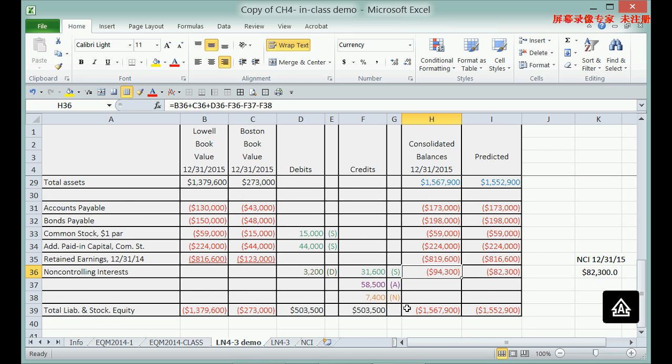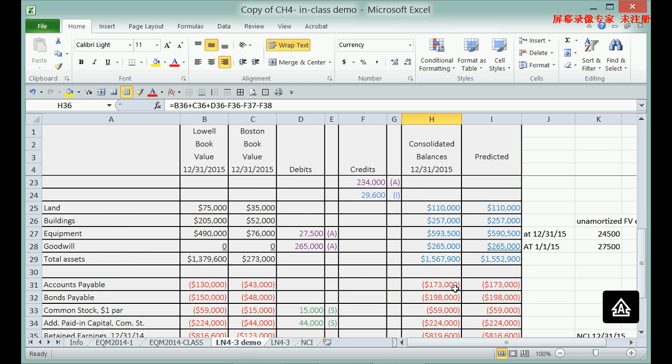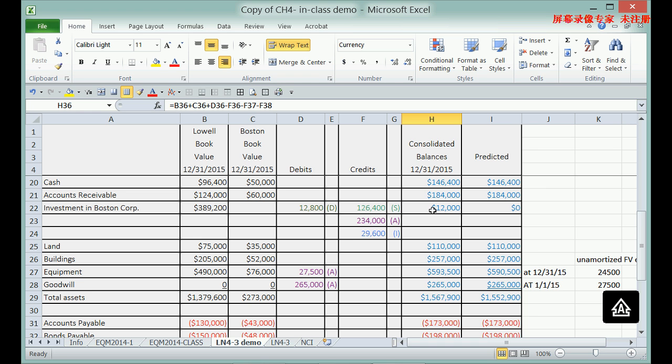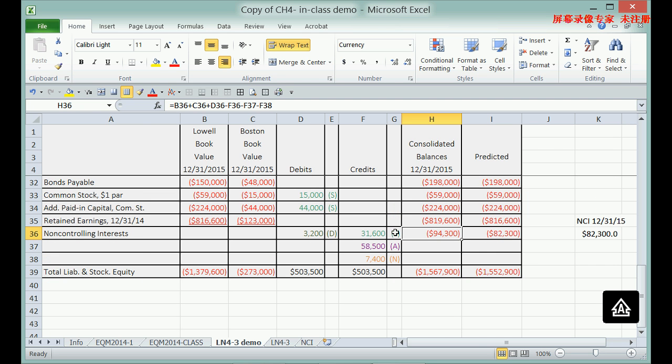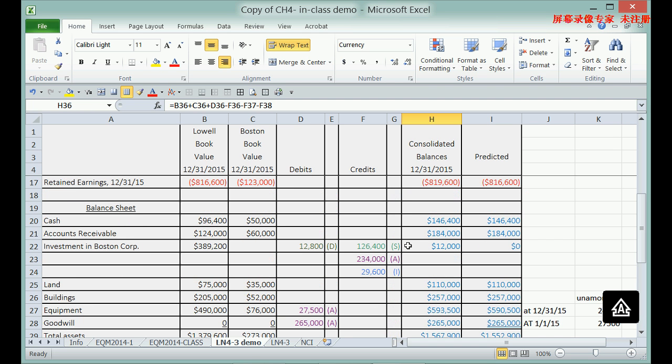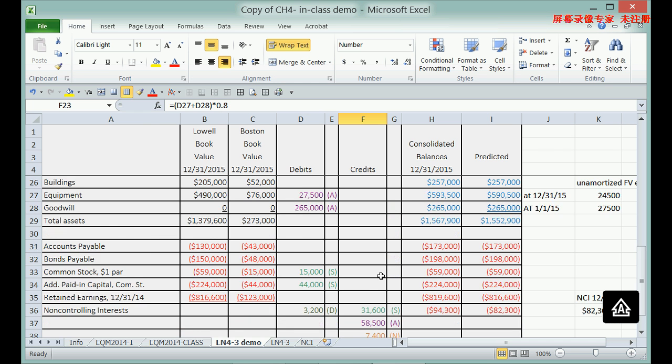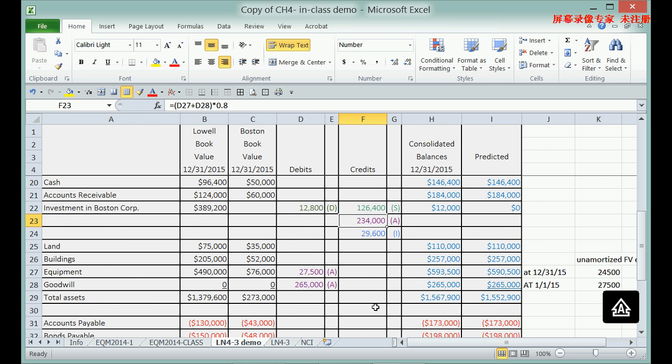Now, if I look at my investment account and my NCI account, I see that my investment account does not go to 0 as predicted, and my NCI account does not go to the NCI as we predicted. So I realized I may have made a mistake. I went back and checked my answers. I realized that I did make a mistake because when I split the A entry, I add them up, right? And split them 80% and 20% between the CI and the NCI.